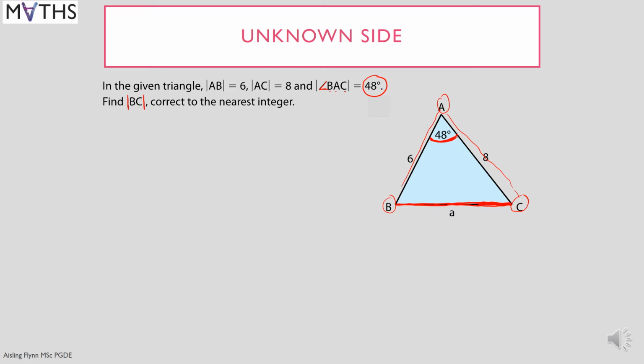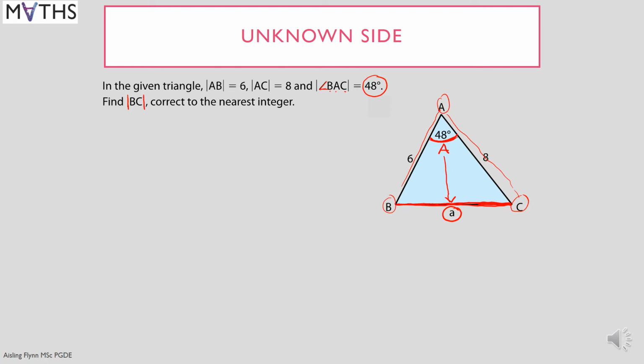Because it's the only angle we have, even if the letters were shown differently in the diagram, for the purpose of our formula, it's the angle of interest. This is angle A, and therefore the line BC is side a.